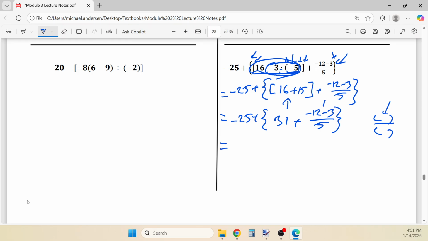So the next thing I need to do is up here, this -12 minus 3. Now the next thing to do is this division. Fractions are division. I do -15 divided by 5.